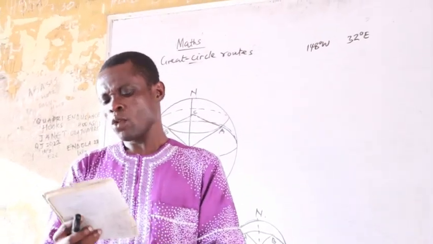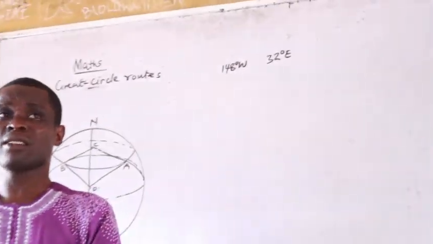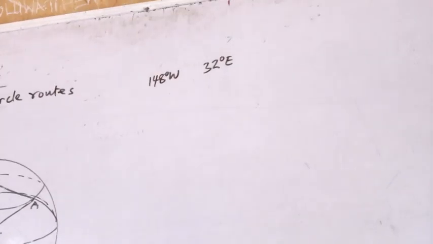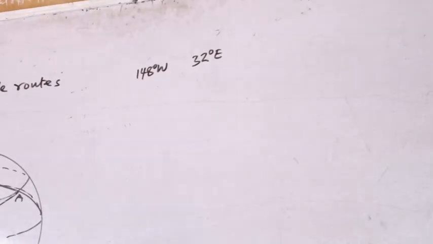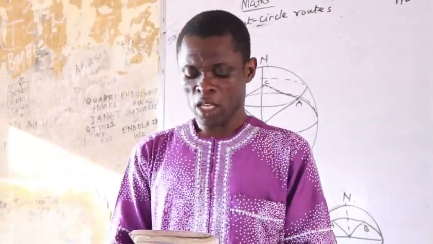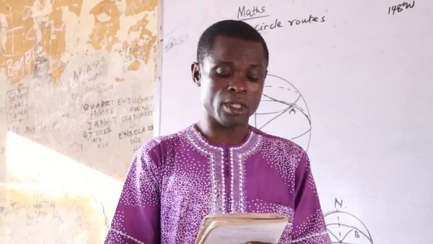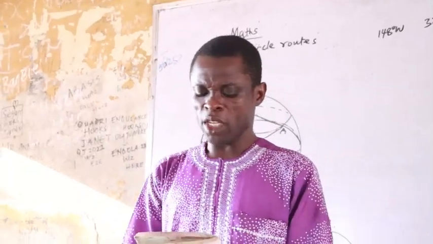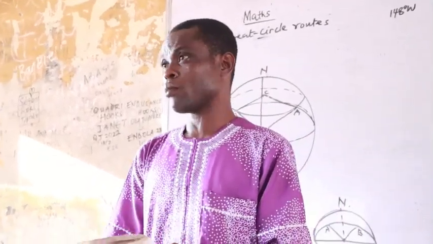Full stop. What is their distance apart? A, along the parallel of latitude. B, along a great circle.